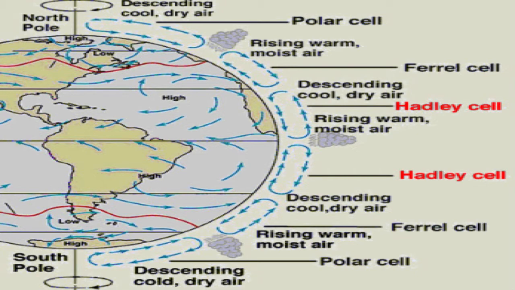As the upper level flow reaches 20 to 30 degrees latitude, which is the lines on either side of the equator, it sinks back towards the surface, so we get descending air, and it creates hot, arid conditions. The subtropical high is another name for it. This area encircles the globe, and it covers all of it around the 30-degree latitude mark.